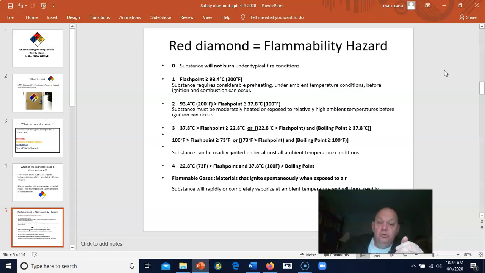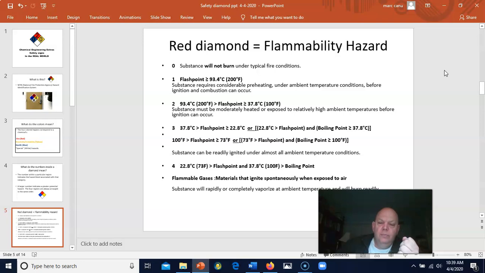When you go to level 2, now that flash point moves down a little bit because now you're between 93.4 and 37.8. 37.8 is much closer to human body temperature. Now the flash point is somewhere in there. It says the substance must be moderately heated or exposed to relatively high ambient temperatures before ignition can occur.